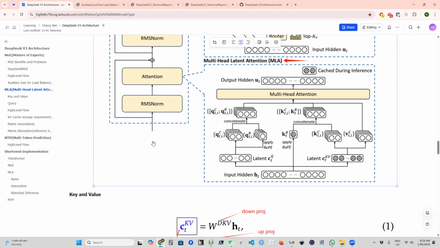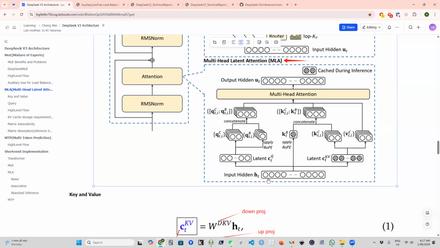So if we have a sentence, let's say "this is an apple", the embedding for this is all the tokenized embedded vectors. The input hidden is all of those joined together. So it's batch size, then sequence length, then dim. So it's not just one sentence, it's all the sentences in that batch.